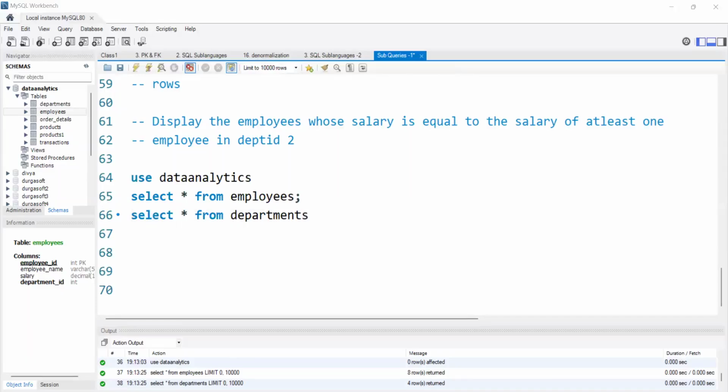Here I'm saying the salary of at least one employee in department ID 2. That means in department ID 2, there can be more than one employee, right? As we saw in the output directly, before writing the query, we had three employees in department ID 2. So whenever I execute the salary of the employees in department ID 2, I'm getting the output as multiple values here, correct?